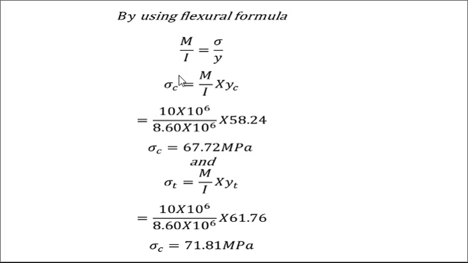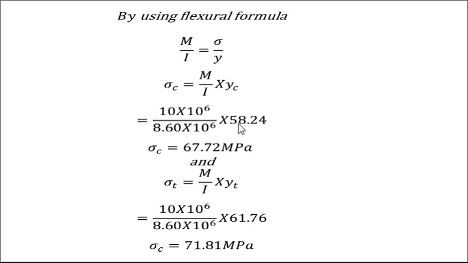So if you want to determine sigma C, why is it sigma C? Because the bending stress induced on the compression side, and the upper part of the neutral axis is the compression side, and below the neutral axis is the tension side. So here it is only M upon I into y. So y means here yc is taken, the distance of the neutral axis from the top fiber.